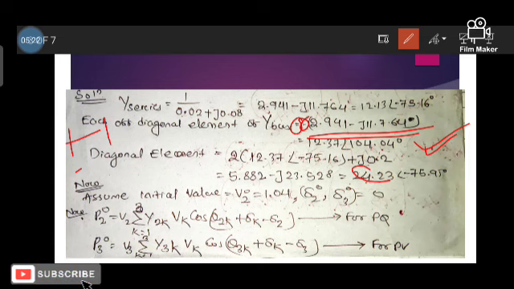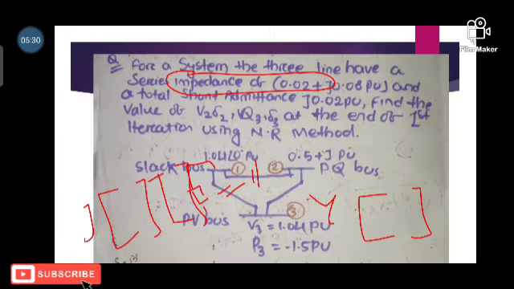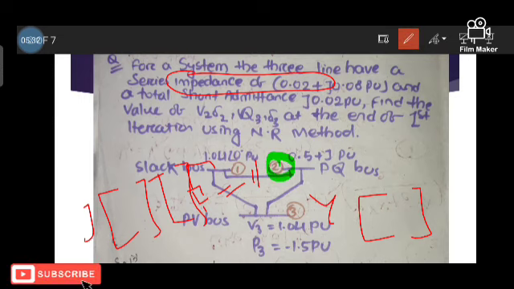Here we are assuming the initial values of voltage. At bus number 2 and bus number 3 we assume delta 2 and delta 3 as 0, and the voltage magnitude V2 equal to 1.